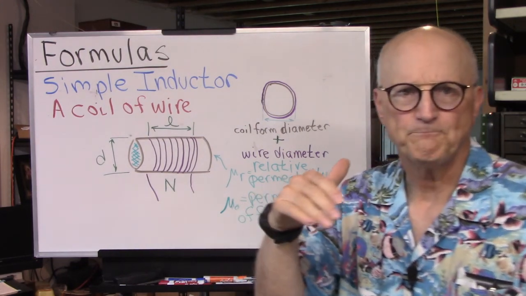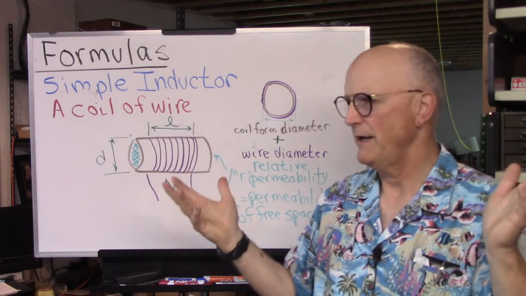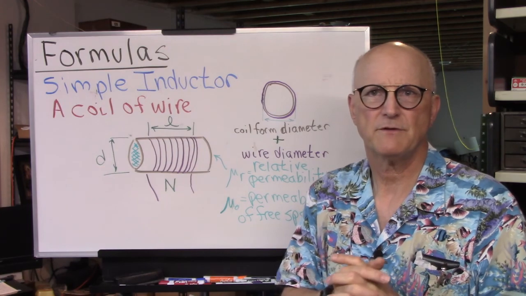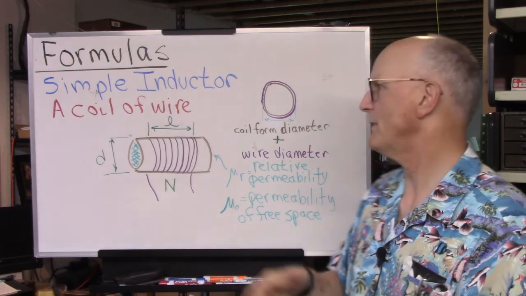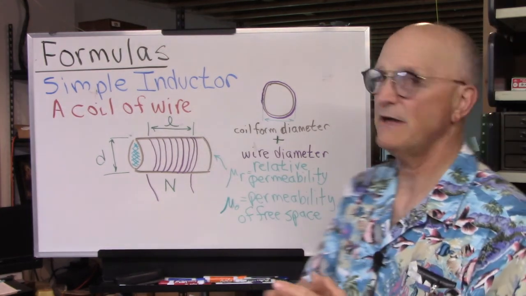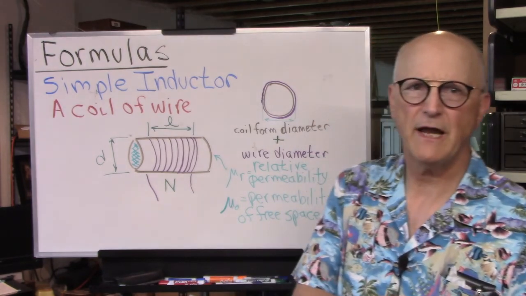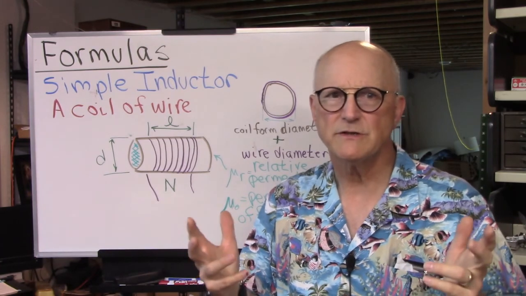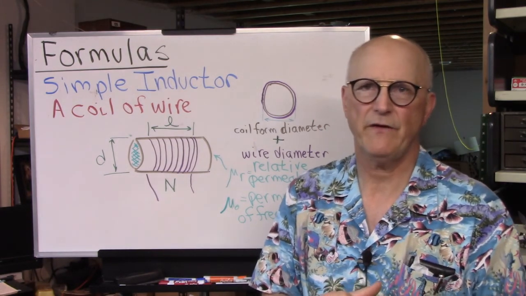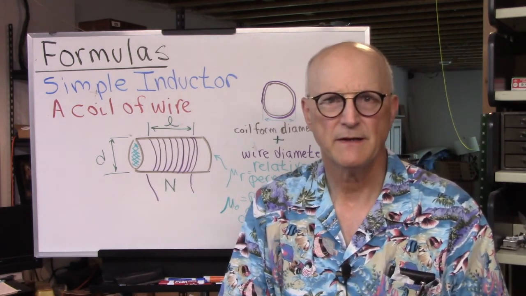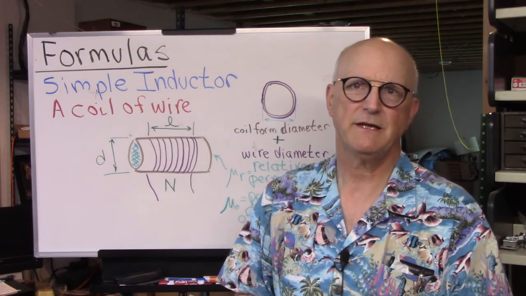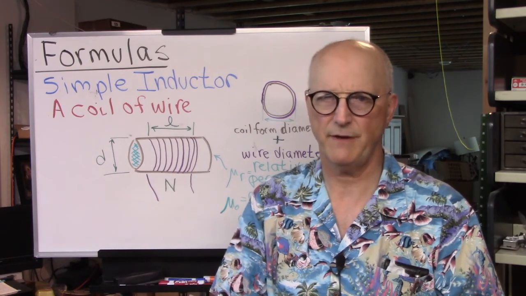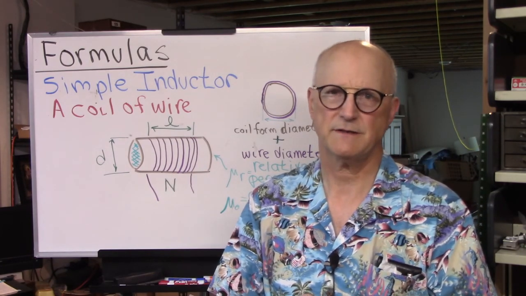Now, there are a lot of equations out on the internet. If you go out and look at the internet for equations for a single layer inductor, you're going to see a lot of variations. And most of these will bear some resemblance to each other, but there are some significant differences. In some cases, they just simply leave stuff out, and it becomes just a rough approximation of the inductance.